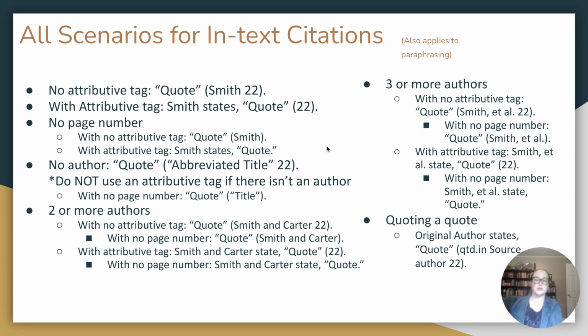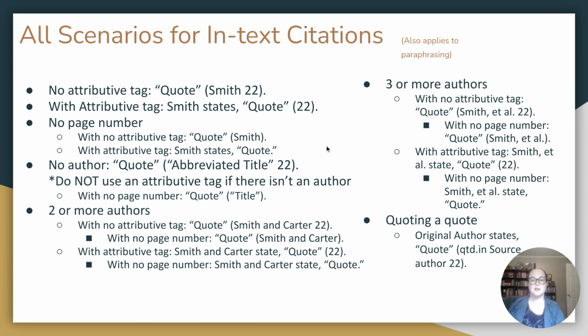So for most sources, you're going to put it in quotation marks. And if it's in italics on your works cited page, then you want to put it in italics on your in-text citation in your parenthetical. So in that case, you're going to put the abbreviated title formatted correctly in the parenthetical, as well as the page number. If there's no page number, don't put a page number.